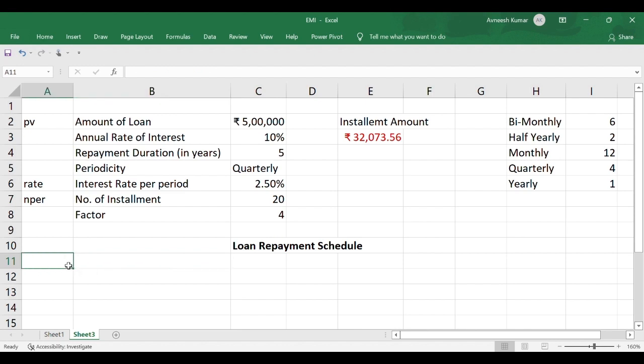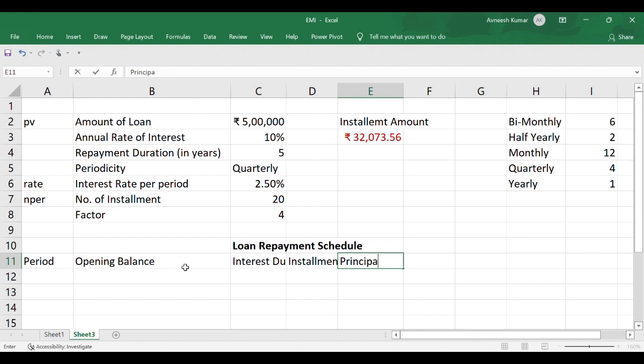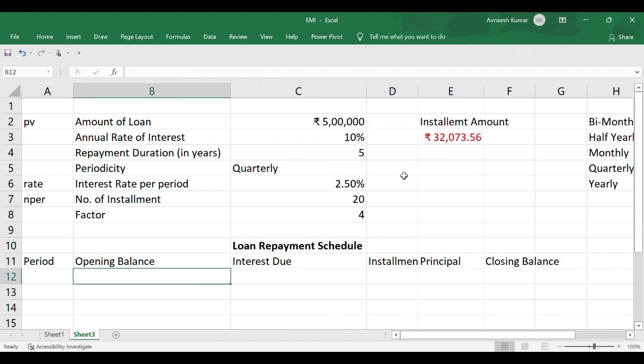We enter here period, then opening balance, then interest due, thereafter we have installment amount, then here we can also get principal amount, principal component, and then closing balance. So we have got this closing balance.